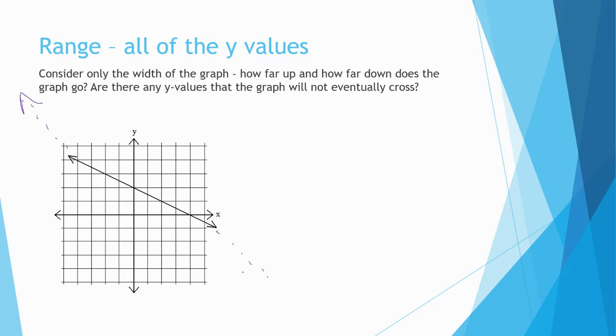It's also going to keep going down and down and down forever. So there are no values vertically that this line will not cross. Therefore, our range, much like the domain, is negative infinity to positive infinity. And I'm going to use parentheses for that, again, because we can never actually reach the point of infinity.